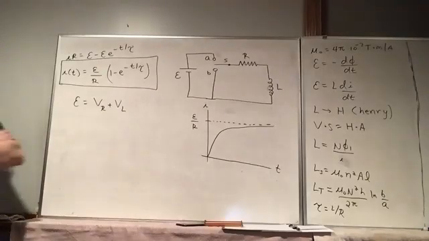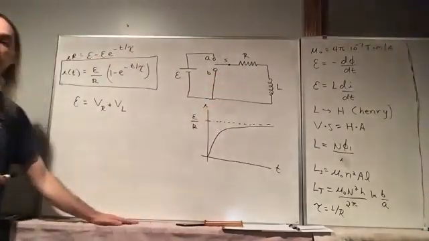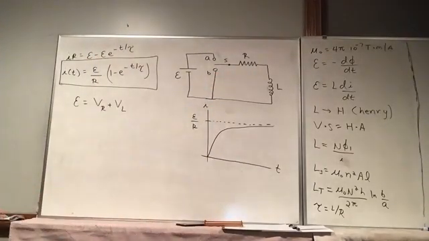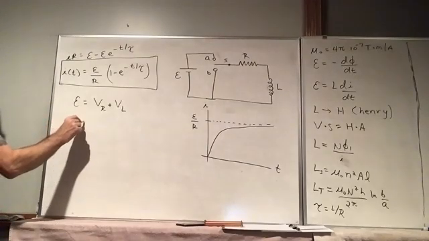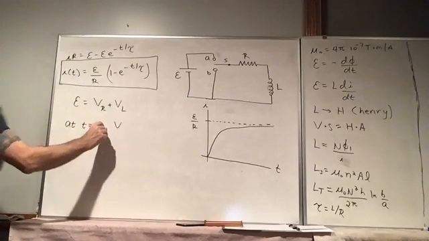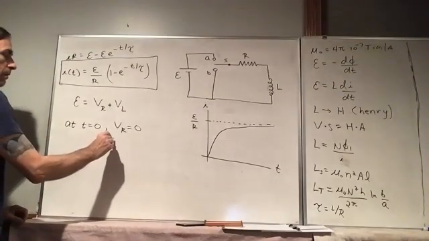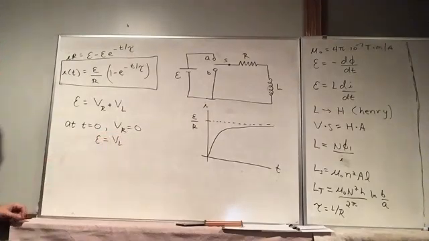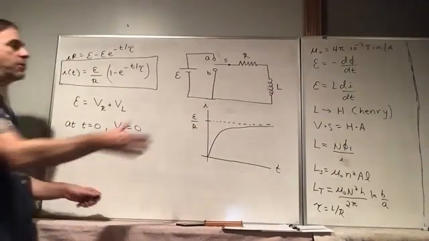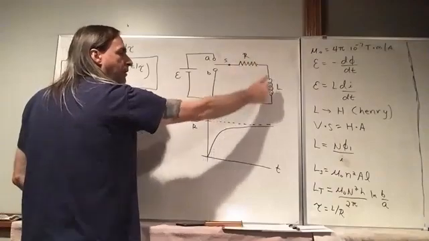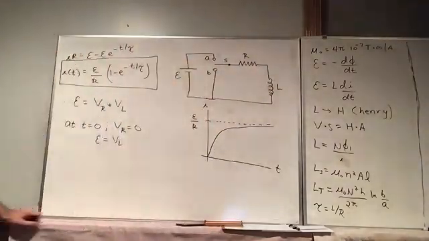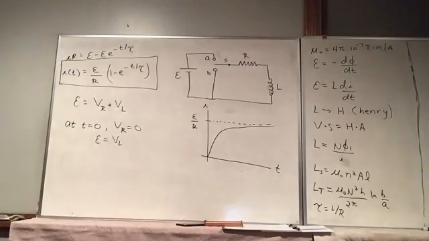And initially, there's no current in the resistor. So at t equals 0, there's no current, so the voltage drop across the resistor is 0. And so the EMF, or the voltage across the inductor, is equal to the EMF of the battery. If there's no voltage drop across the resistor, the entire voltage drop is across the inductor. And so that's why we have this rapid increase in current initially.